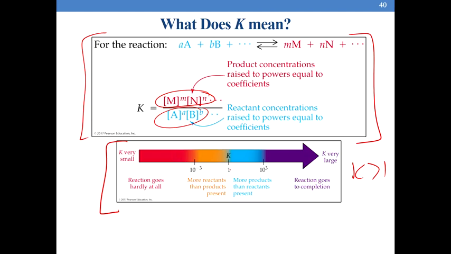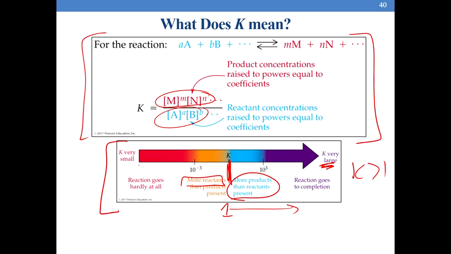Generally, if we've got our 1 here, more products than reactants are present. So K very large as you go basically from 1 in that direction, this is the number 1, then the products are favored. If we go less than that, the reactants are favored.